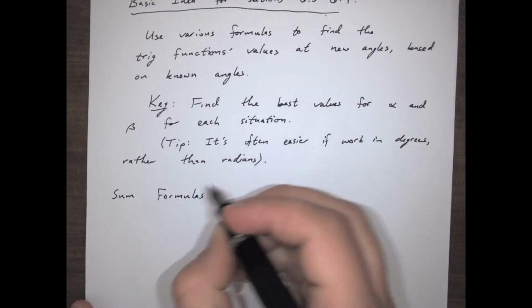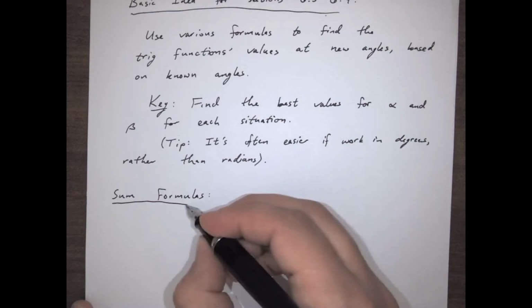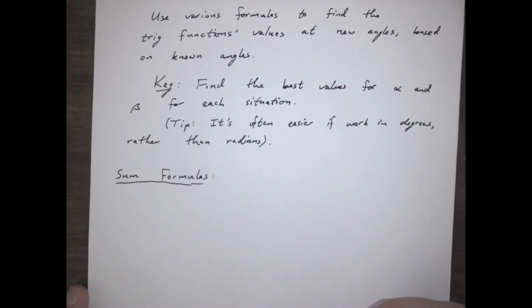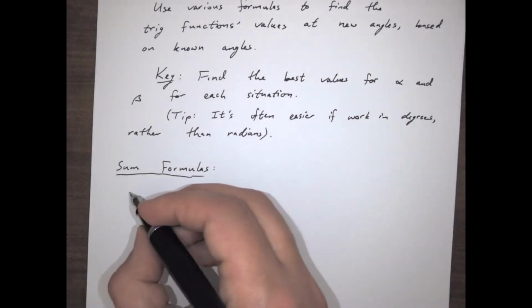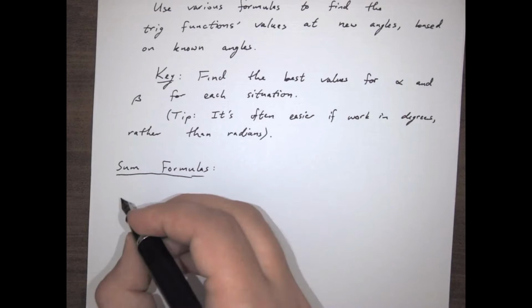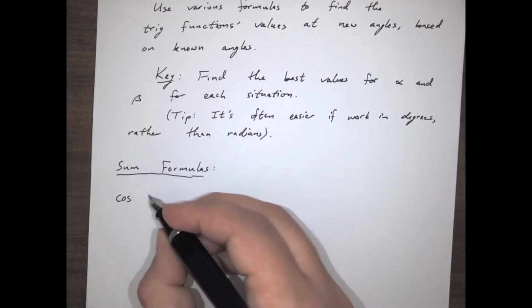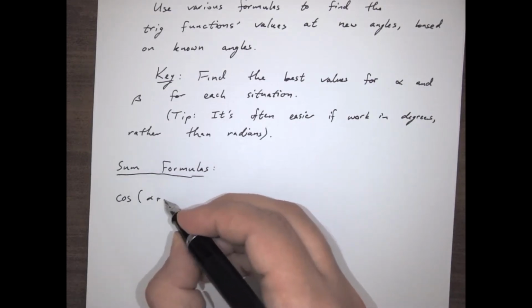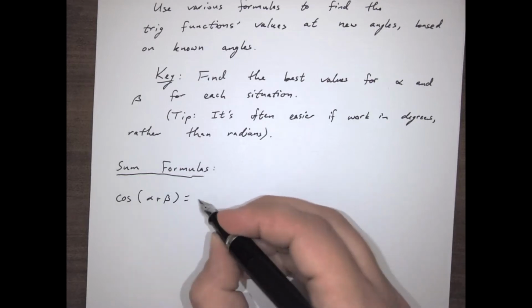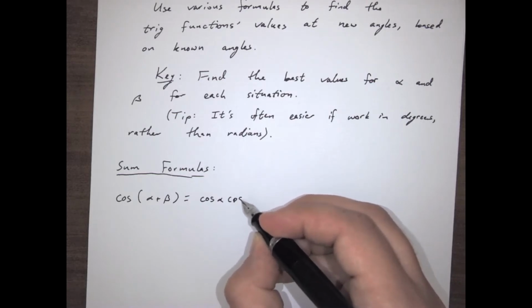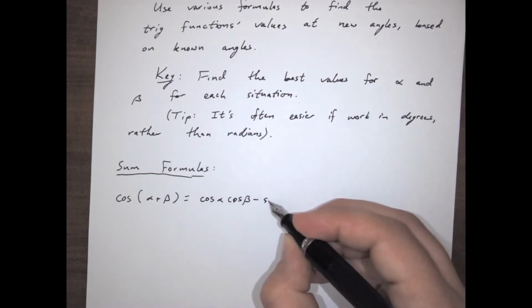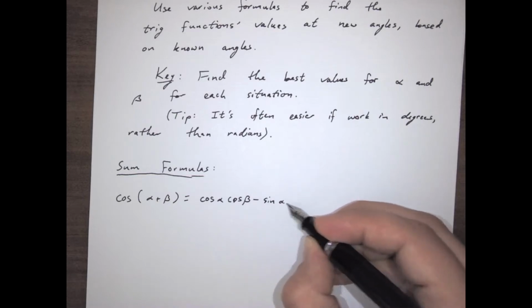The sum formulas. All right, so two basic formulas here that are the source, as I say, of all the rest of the formulas that we're going to learn in this entire section, and the two that follow are about to be unveiled. So, some formulas. Cosine of alpha plus beta is equal to cosine alpha cosine beta minus sine alpha sine beta.